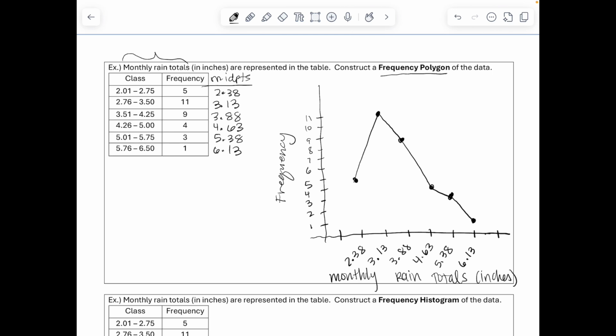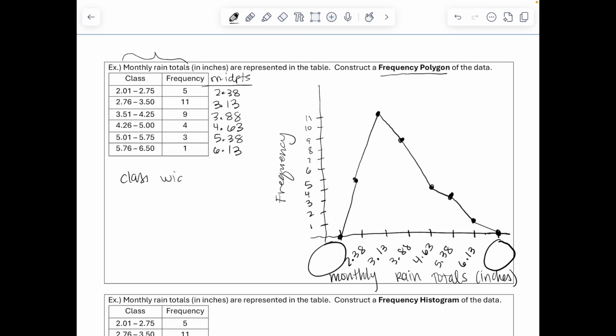So if you remember, the thing that we added to our notes is that we are going to extend our graph on both sides down to the horizontal axes, so at the end and also at the beginning. And so what we need to calculate now is these 2 values here, because we don't have numbers and we're going to need those. And so in order to go from one class to the next, we need our class width.